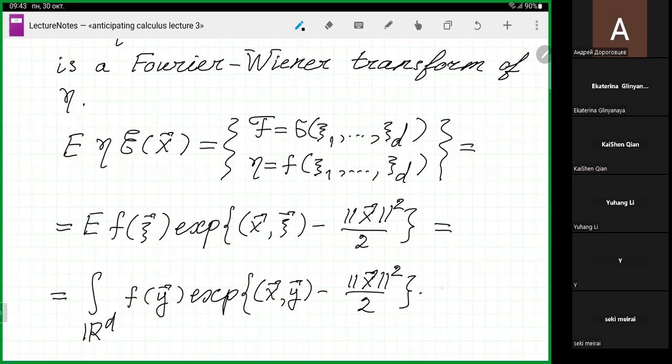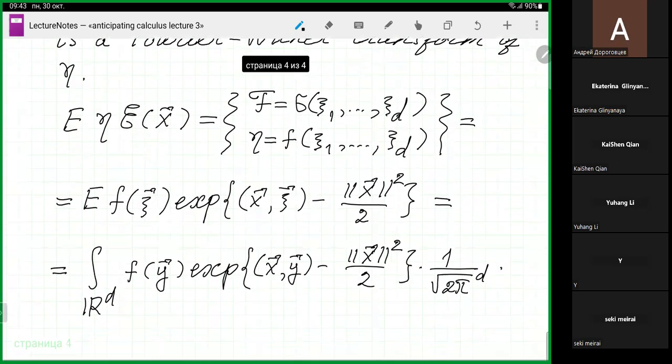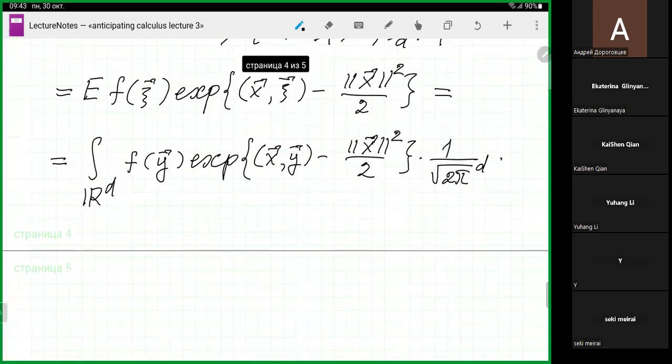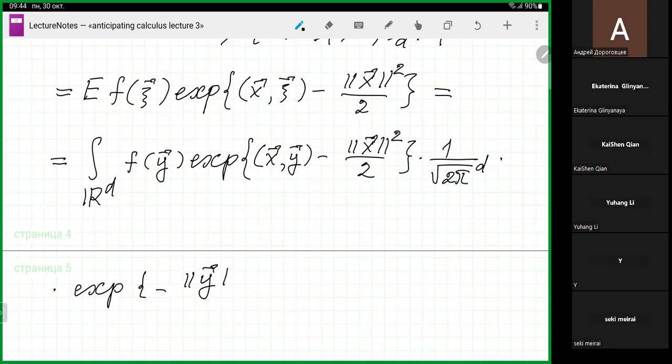Now I write the density: 1 over 2 pi to the power d, multiplied by the exponent of minus norm of y squared over 2, dy.